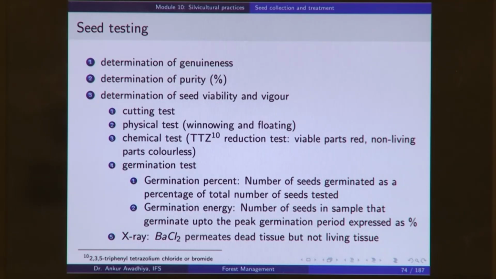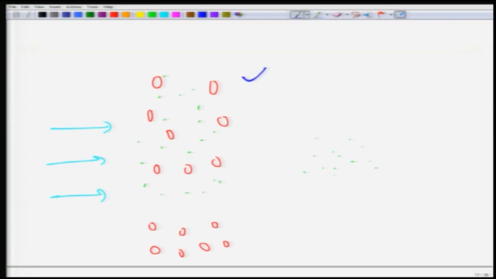Or we can make use of physical tests such as winnowing and floating. Now, in the case of winnowing, it is a very similar operation to the blowing operation. In winnowing, you want to know the density of these seeds, whether these seeds have holes or cavities inside, because probably insects have infested them.